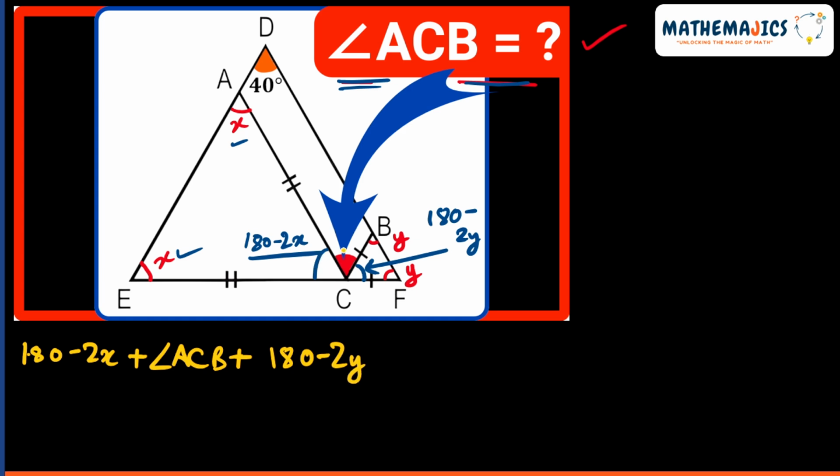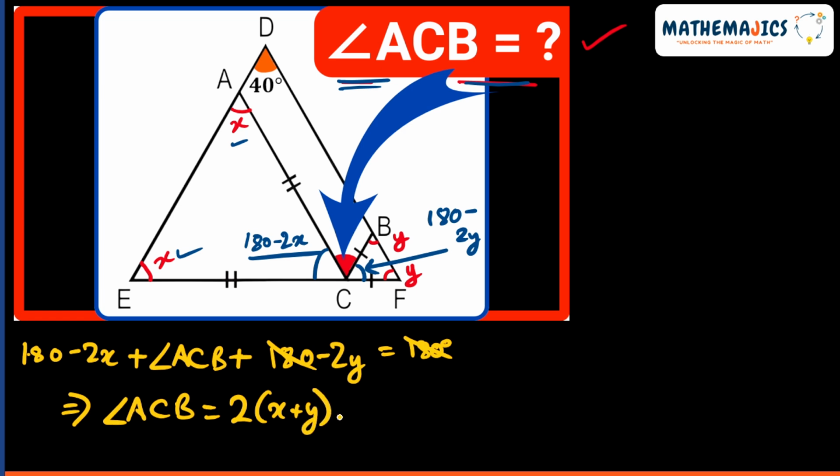These three angles are lying on a straight line. That means the sum of these three angles will be 180 degrees. Correct? Now we can cancel out 180 and 180. If we simplify this further, we will get angle ACB is equal to twice of x plus y minus 180.